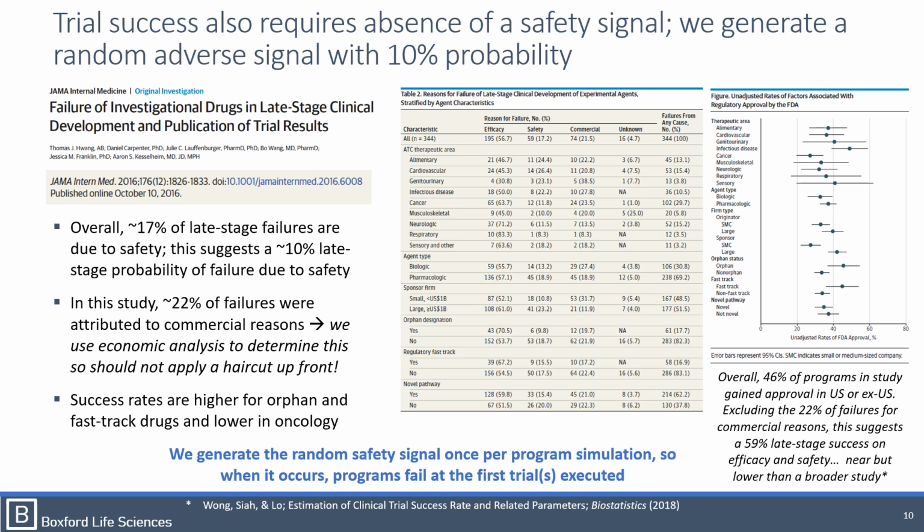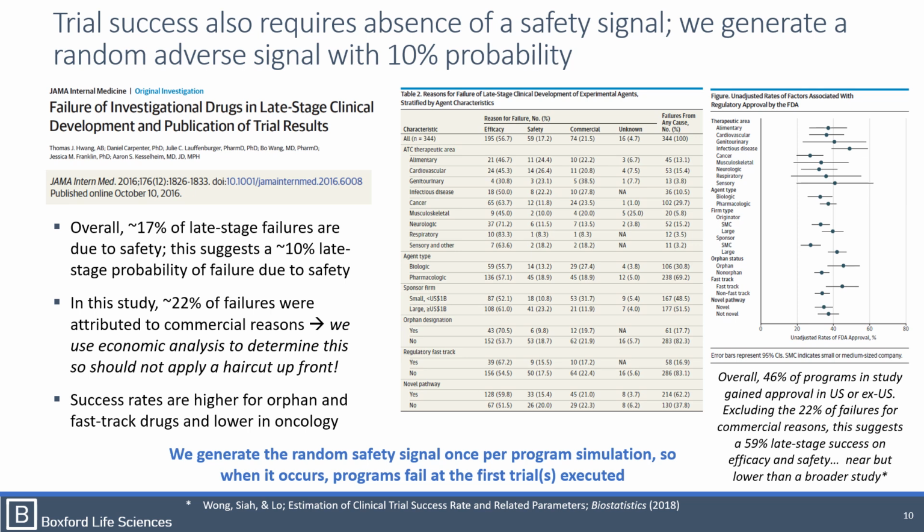In this study, 17% of late-stage failures were due to safety, and that suggests overall 10% of late-stage programs would fail due to safety. Of course, that varies considerably by therapeutic area, by whether it's a novel drug or not, orphan, etc. We're taking here a relatively broad value for progressive diseases outside of oncology.